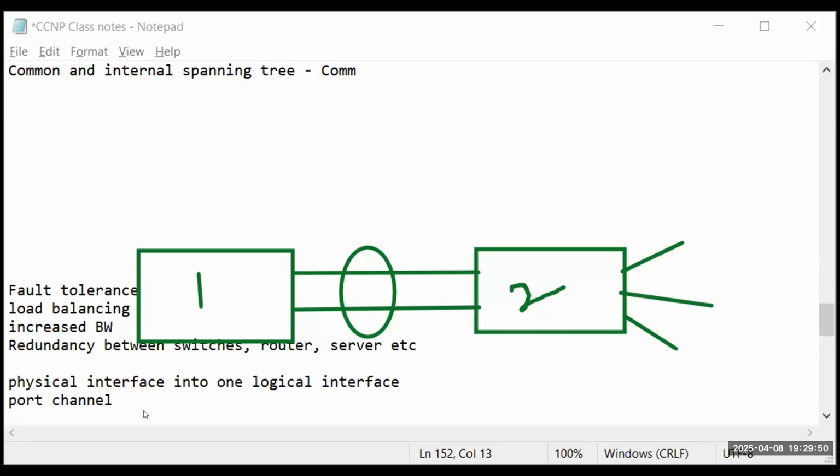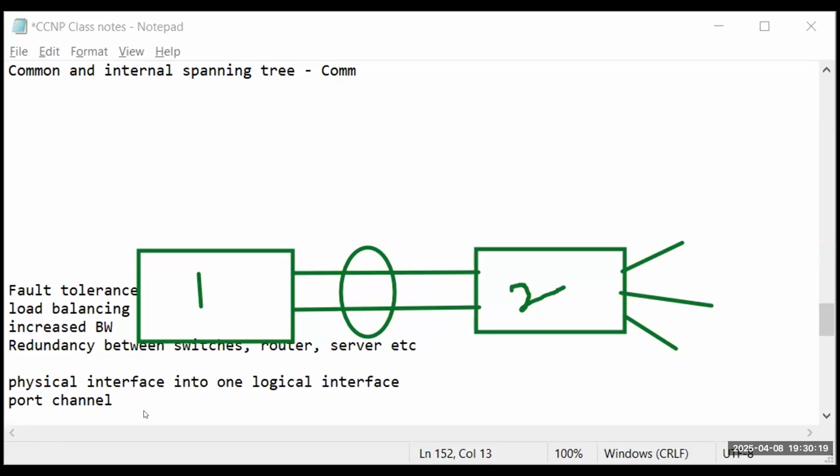And we can have several Ether channel bundles between two switches. See, this is one interface. I have 8 ports, but all the 8 ports need not be in one logical interface. I can still bundle them into two port channels. Anything can be done, based on the requirement.